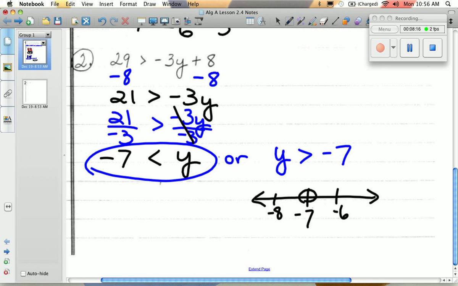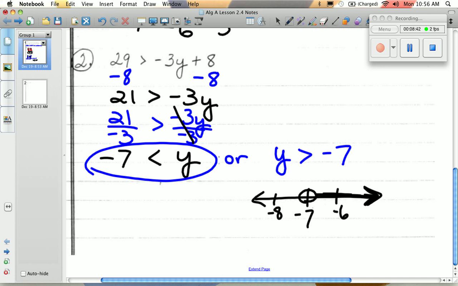Why is it open? It's not included. Yeah, there's no equal to bar. It's not part of the solution set. And then we need the numbers that are greater than -7. And which ones are those? -6 and all those guys over there are the ones to the right. Like Cameron said, now when we have the variable on the left, the inequality symbol points the direction you should really actually shade.